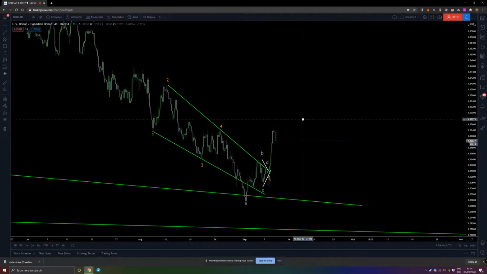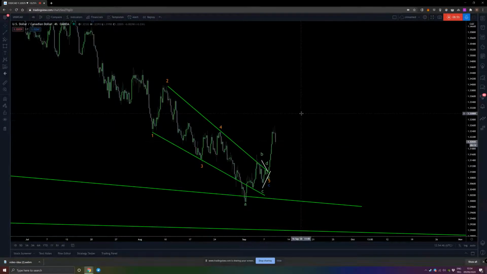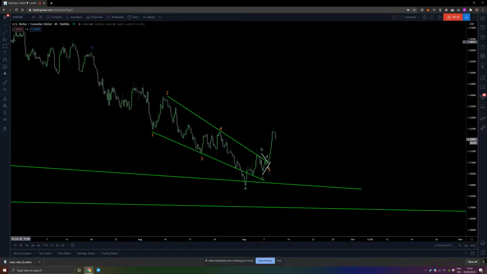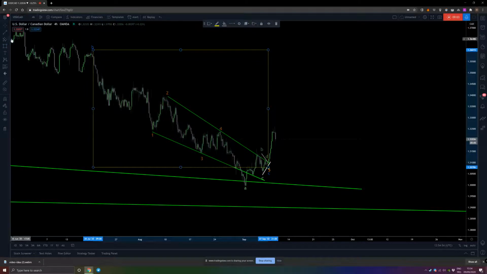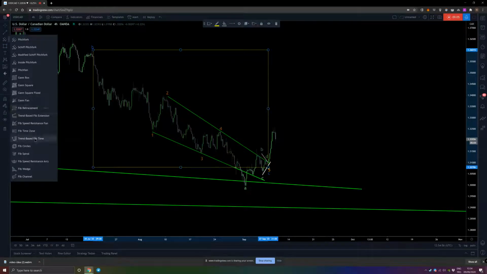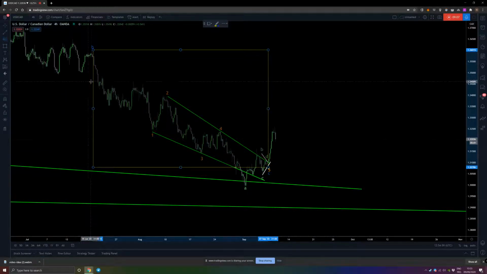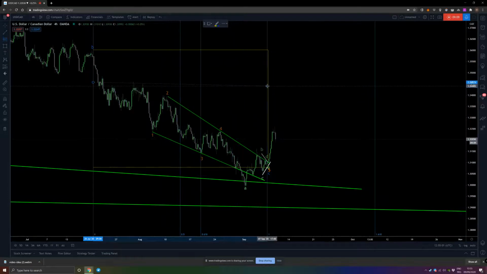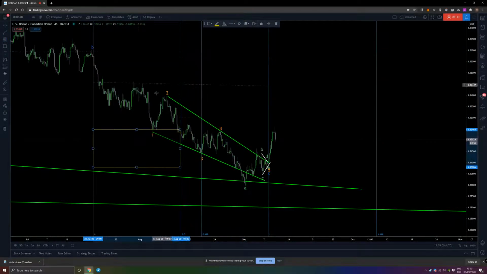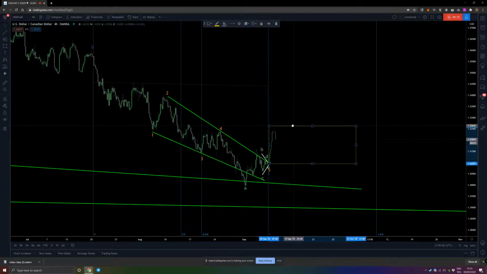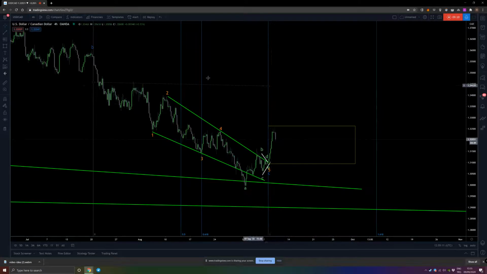Now, if that's the case again, then we have to think something. And that something is this. If this is a terminal move that ended here, okay, the market should go all the way to here in this time. Where?